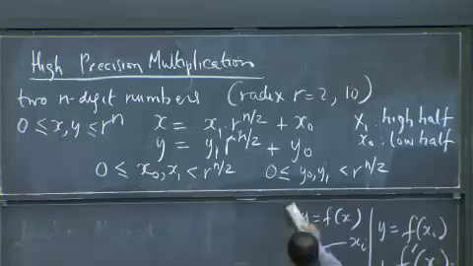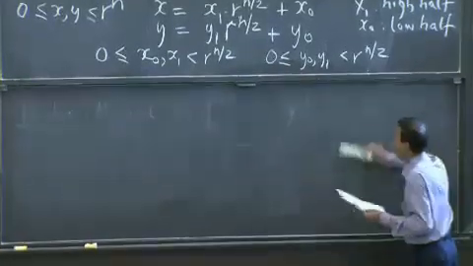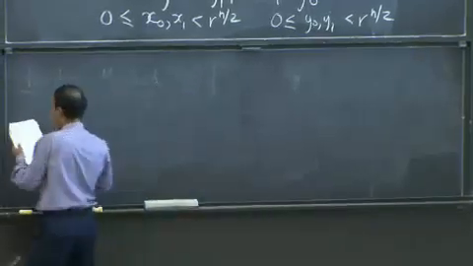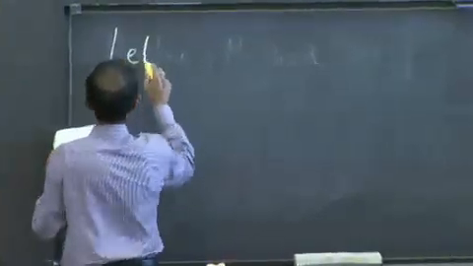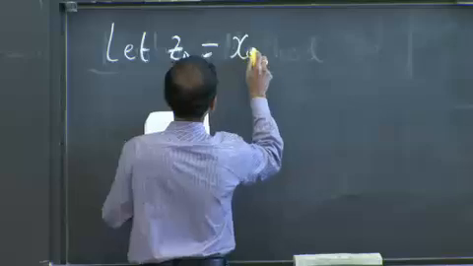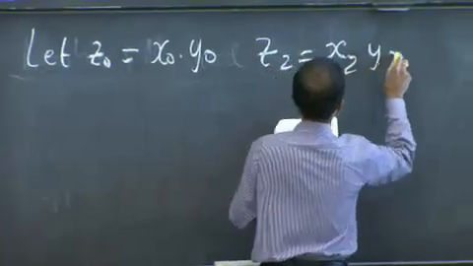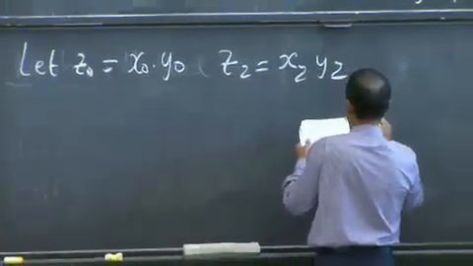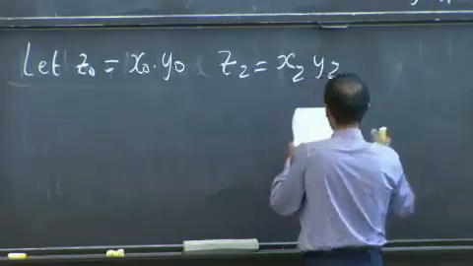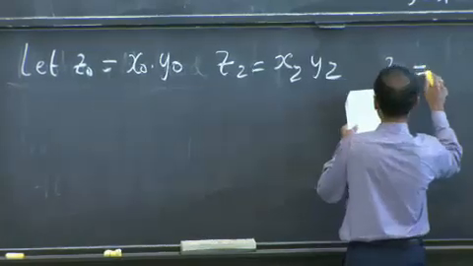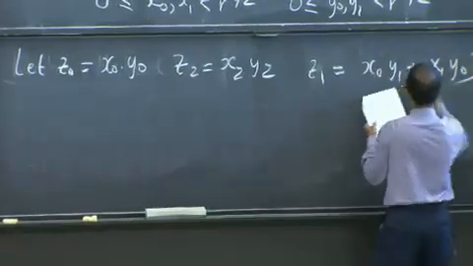And again, if you do things in a straightforward way, you will create a recursive multiply, as I'll write here. You say let z0 equal x0 times y0, z2 equals x1 times y1, and I missed z1, but z1 equals x0 y1 plus x1 y0.